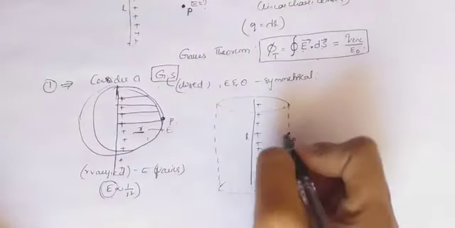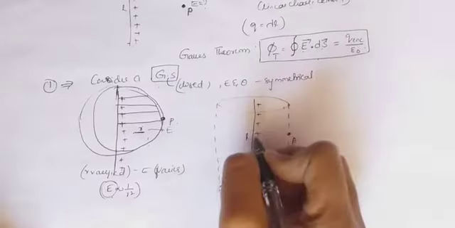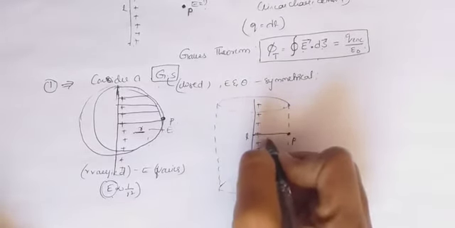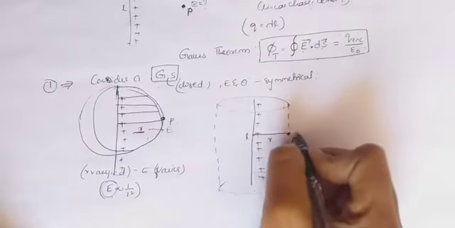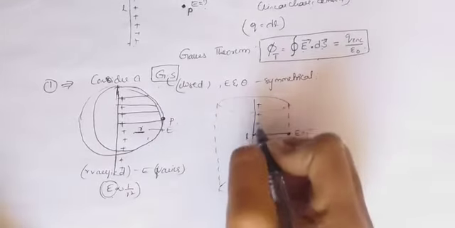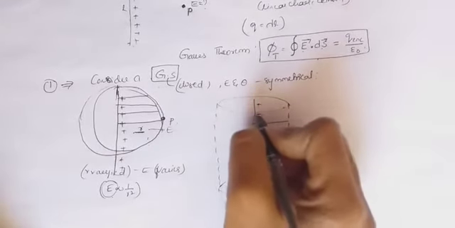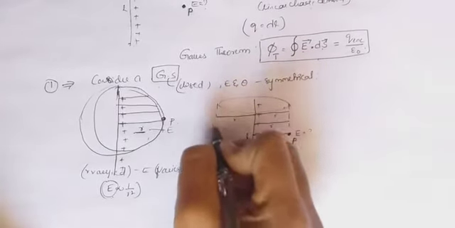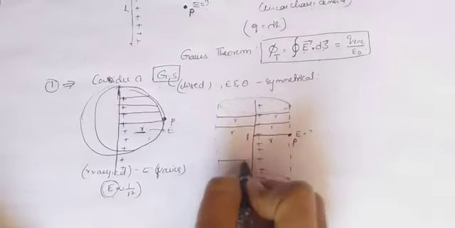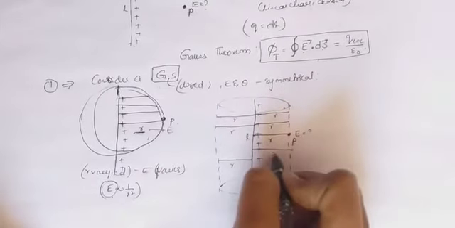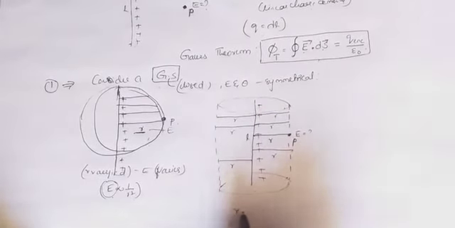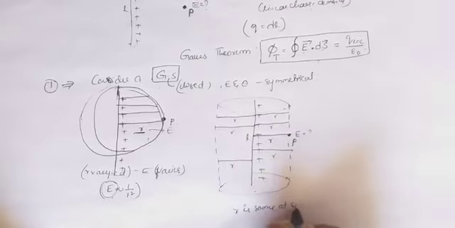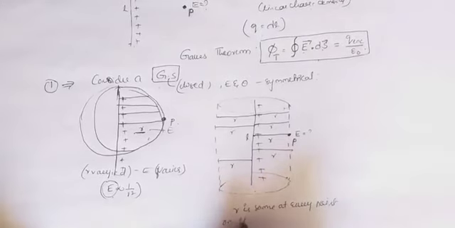So the electric field, now here is a point P. From here to here the distance is r. Here we are getting the electric field. Everywhere from here to here the distance is r only. So r is the same at every point on the curved surface of the cylinder.